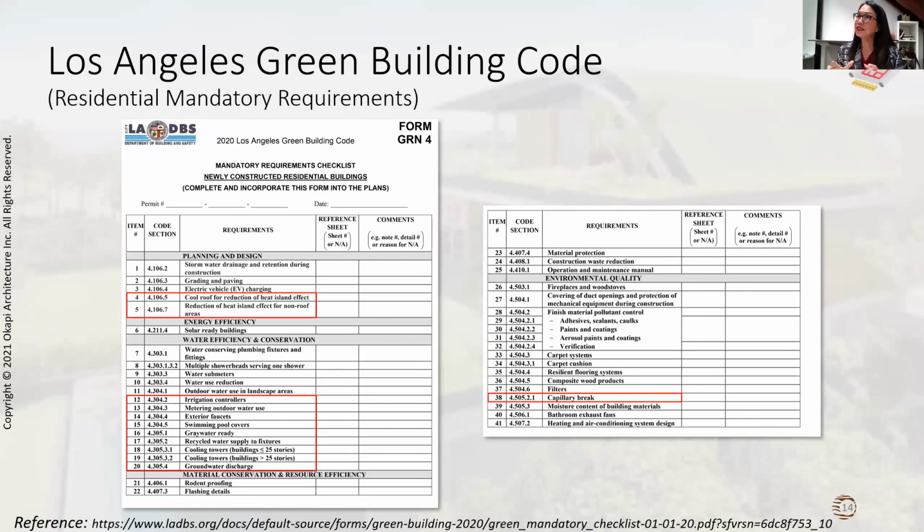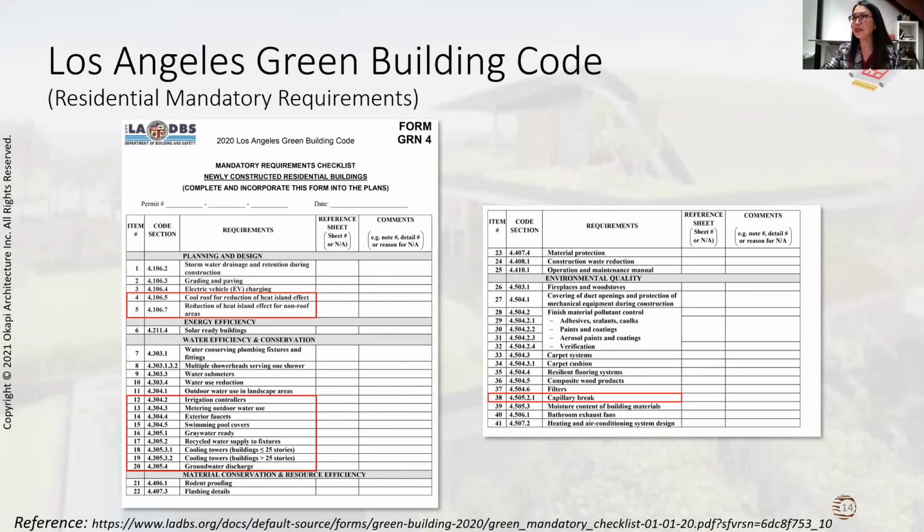And so with this bigger picture of CALGreen, many individual cities have their own codes, basically using CALGreen as a base and developing further into theirs. So if your project happens to be in LA city, go directly into the LA Green Building Code.